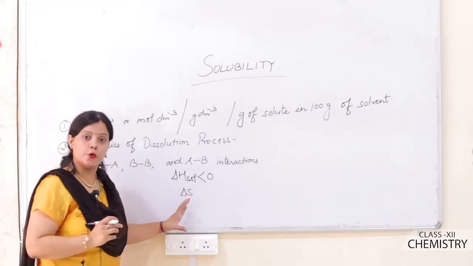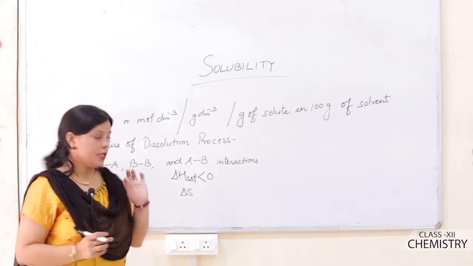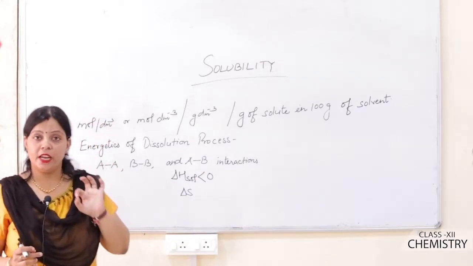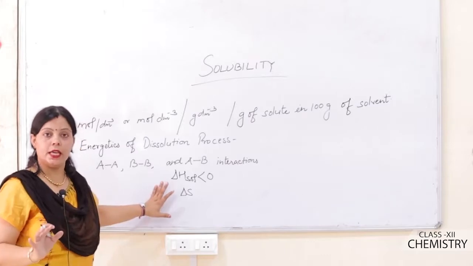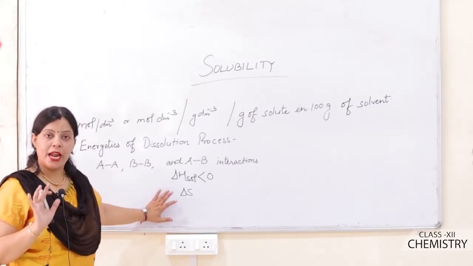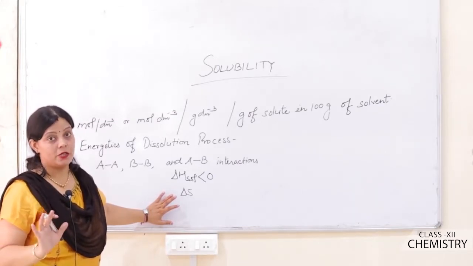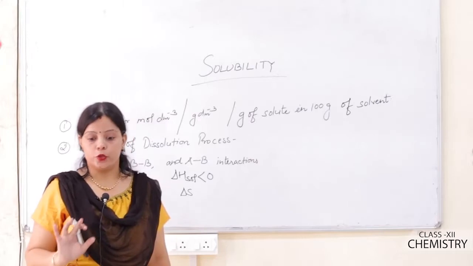Only in this condition is the dissolution possible. And the third condition is when the AB interaction is very weak compared to AA and BB interaction. In this case the dissolution of that particular solute in the solvent does not occur. This is the overall energetics of the dissolution process.